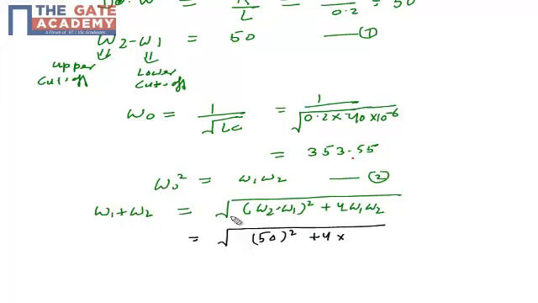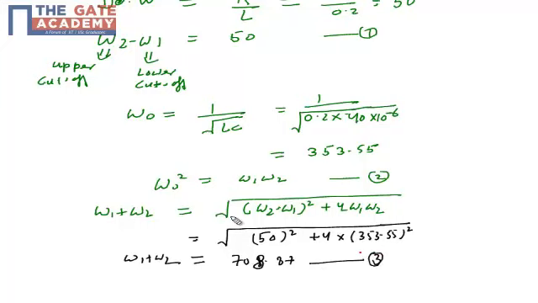Omega naught value we already know, so we can find that 353.55 whole square, and the result is 708.87. So omega 1 plus omega 2 is 708.87. I can write this as equation number 3.